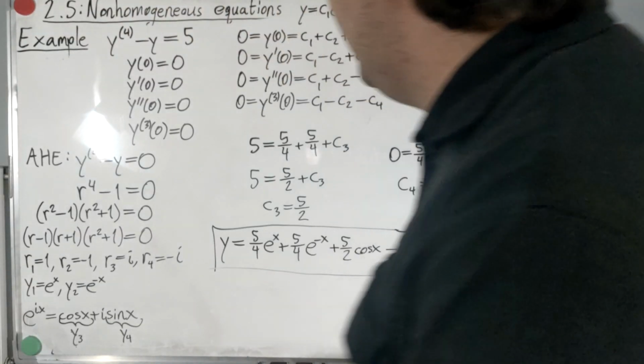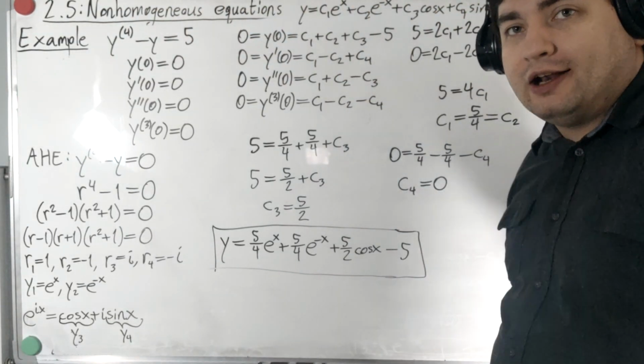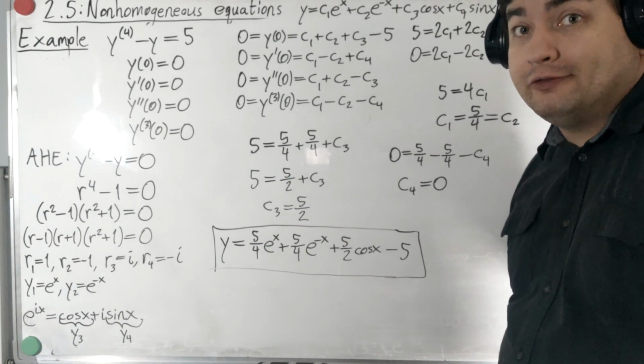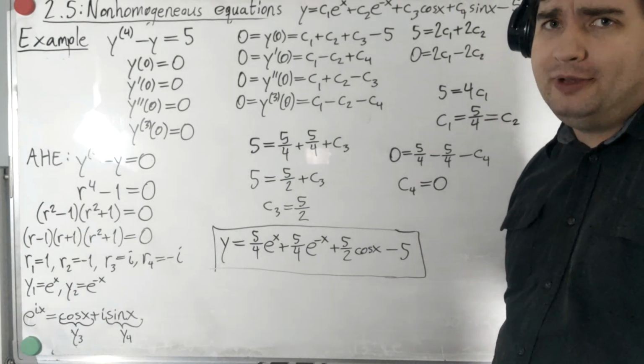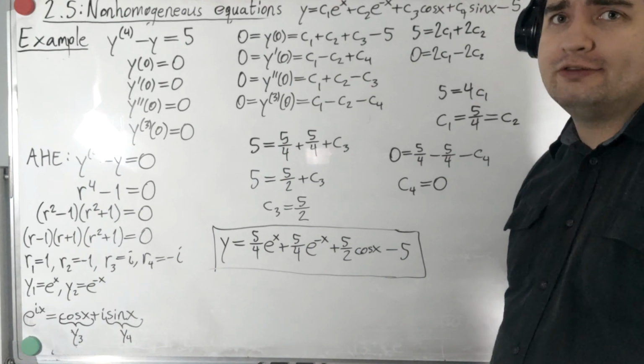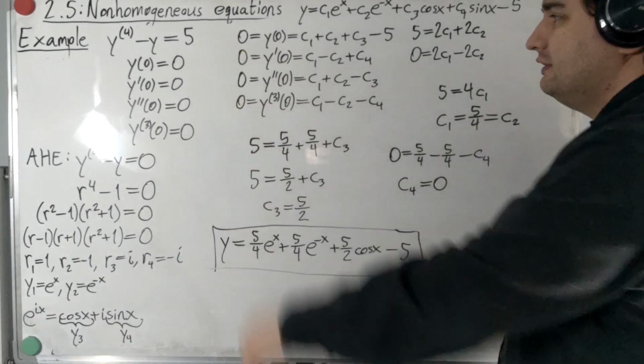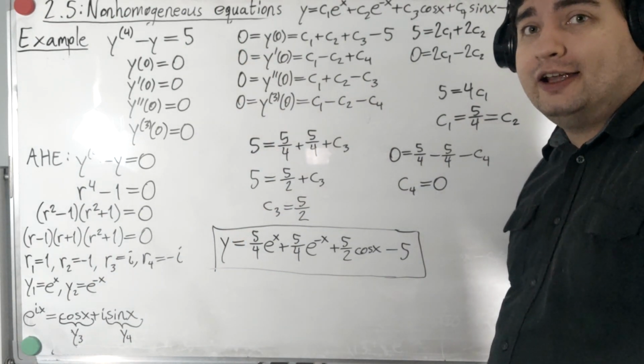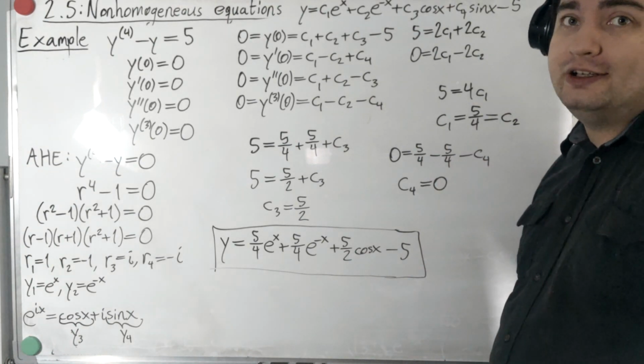So that one had no duplication. Its main challenge was the fact that it was an initial value problem, right? Which normally means that it's just one more step. You just have to put in the initial conditions. But as you can see, in this case, you get a whole system of equations that you need to solve.